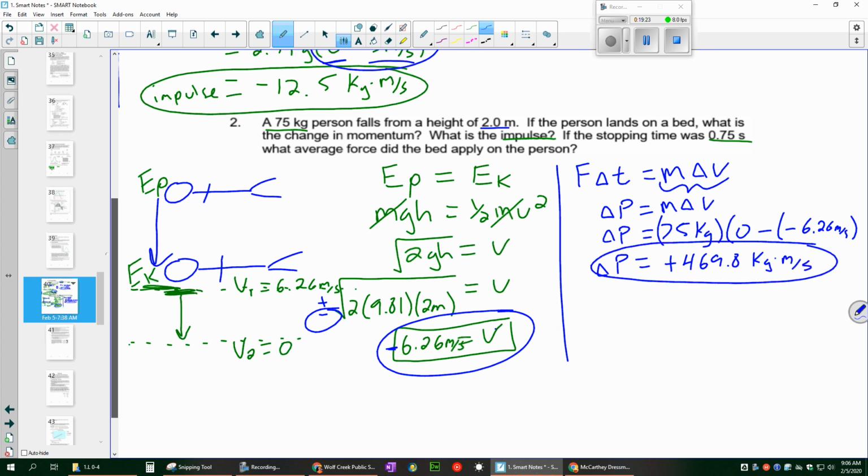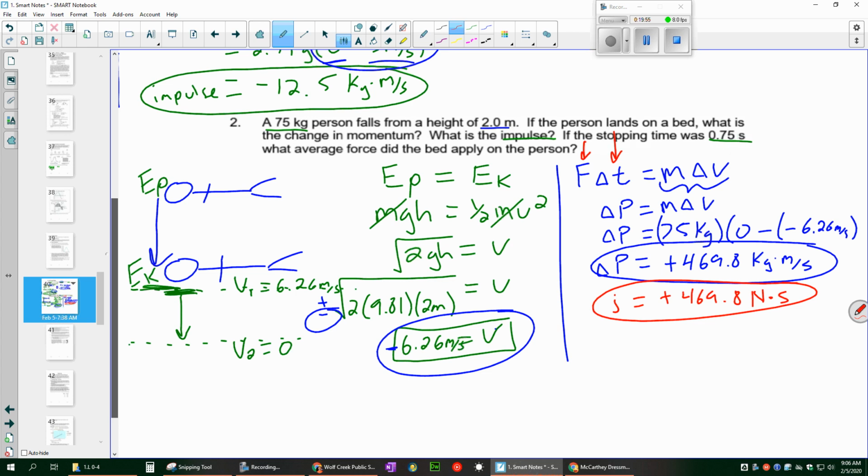And check if that makes sense, right? The change in momentum would be the other direction. So if I'm falling down, the change in momentum would be up. So that does make sense. And then the next part says, what's the impulse? So the impulse, or J, is going to be the same number. Positive 469.8. I'm going to write it in terms of impulse and call it newtons times seconds, right? Just newtons times seconds.